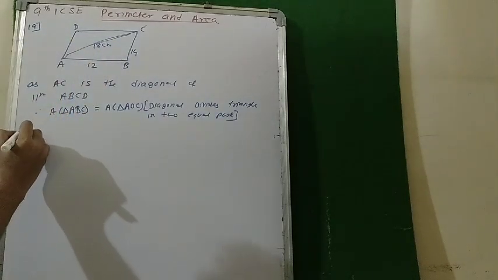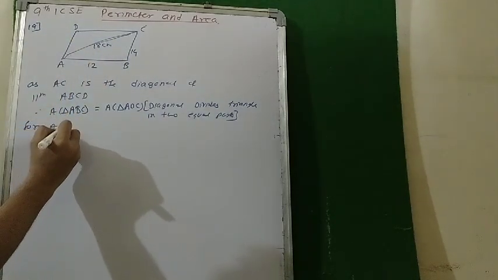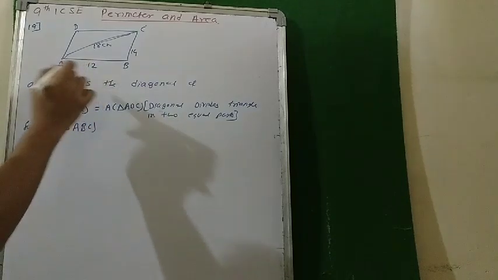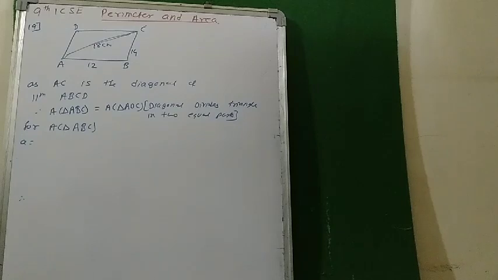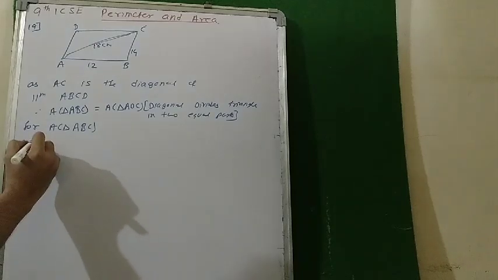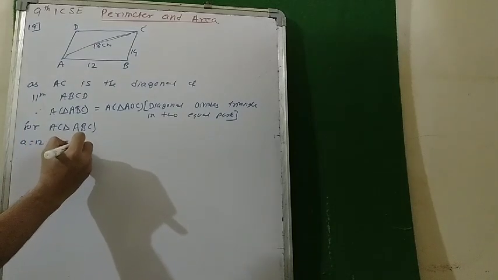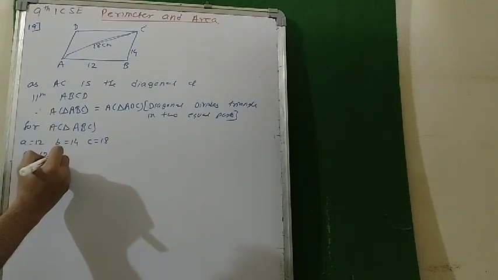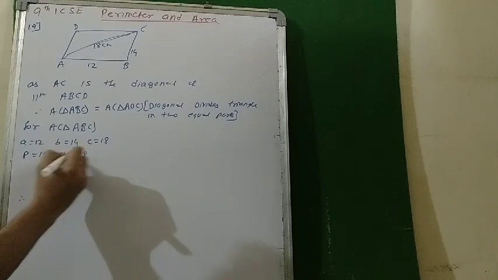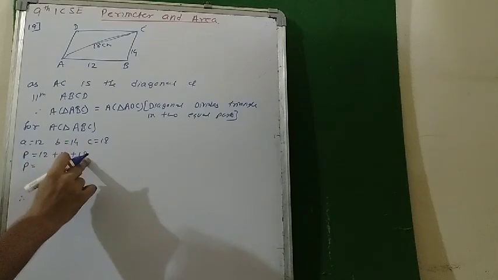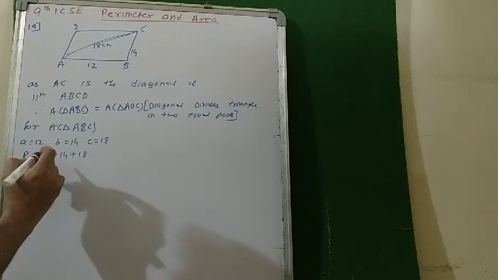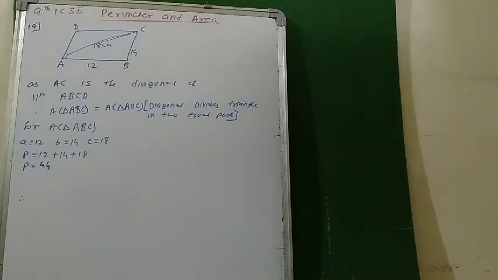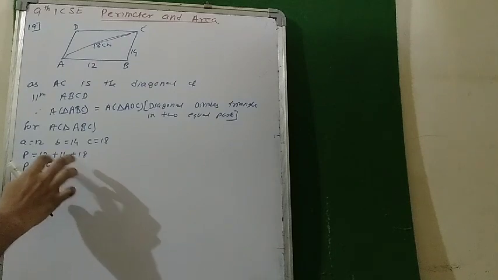All three sides are different, so we will find the area using Heron's formula. So A is equal to 12, B is equal to 14, C is equal to 18. So the perimeter is 12 plus 14 plus 18, which is 44.